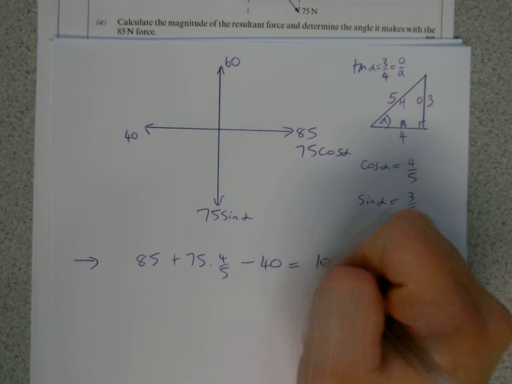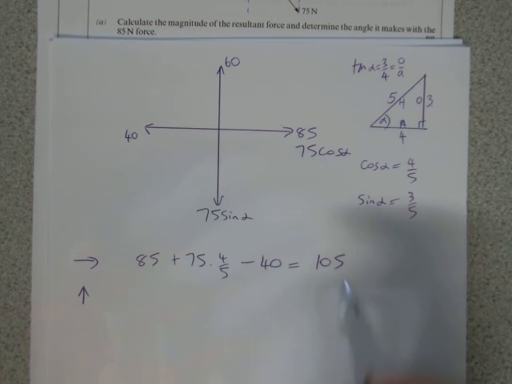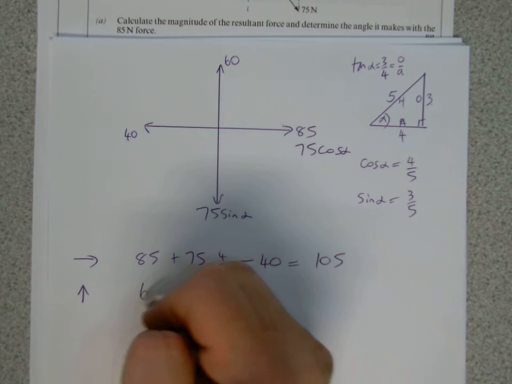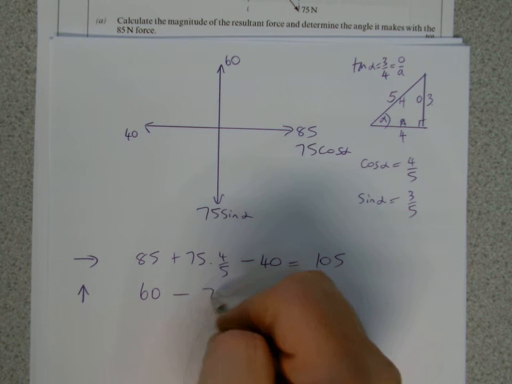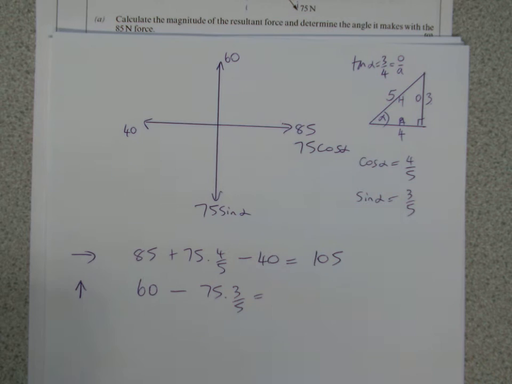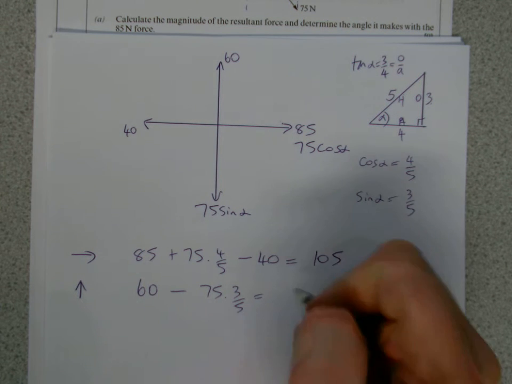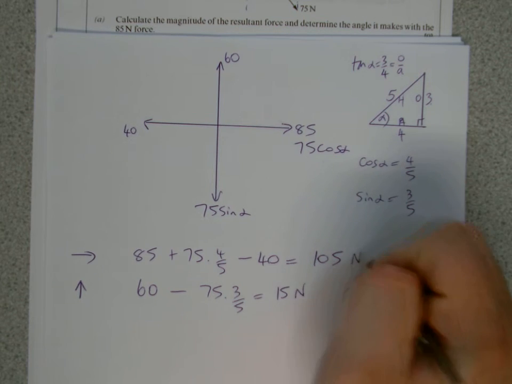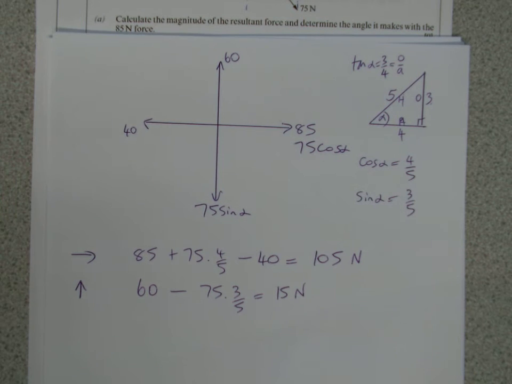That comes out to be 105. And let's work out the y direction. You've got 60 going one way, take away 75 sine alpha, which is 3/5, the other way. And we get 15. Both in newtons.